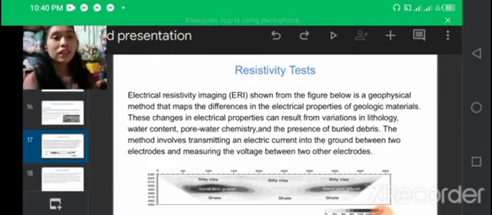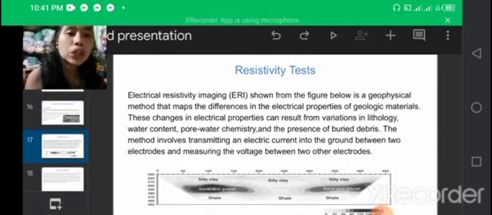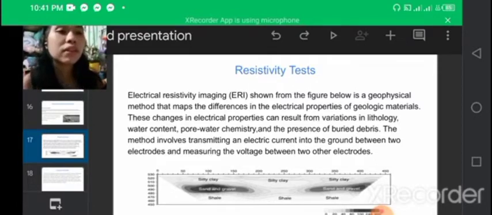These changes in electrical properties can result from variations in lithology, water content, pore water chemistry, and presence of buried debris. The method involves transmitting an electric current into the ground between two electrodes and measuring the voltage between two other electrodes.